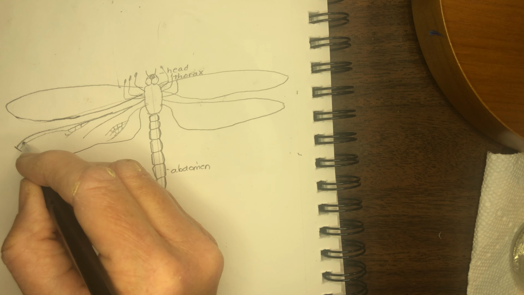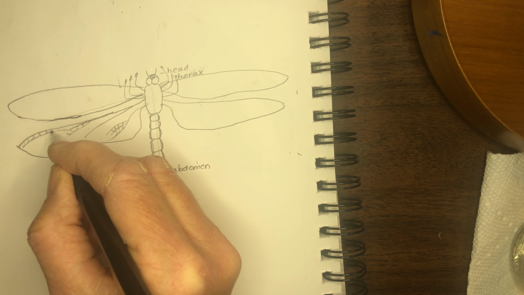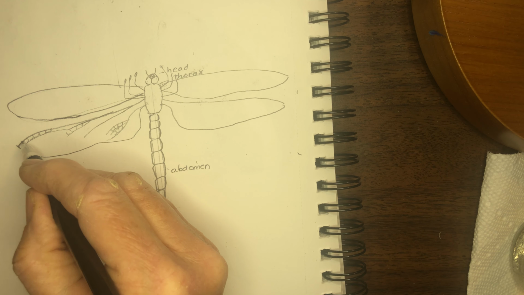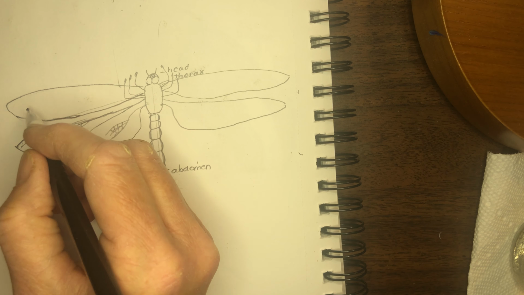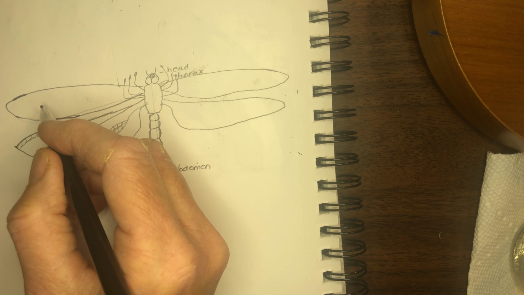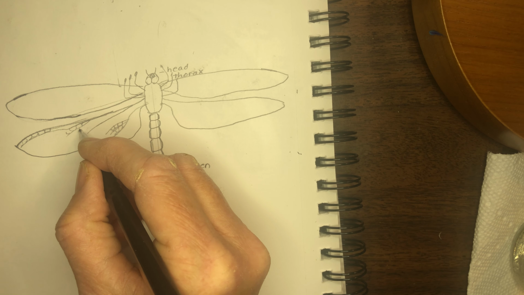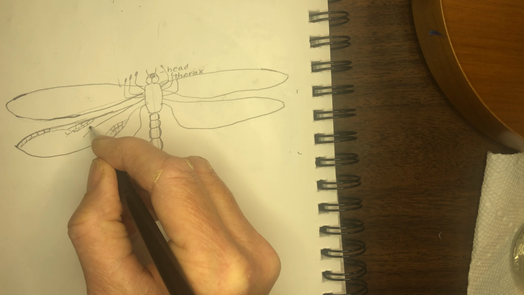So you can look closely and add as much detail as you want, and just have fun. To me, it's fun doing all the detail. So this is the texture and the design in the wings. They're really beautiful.